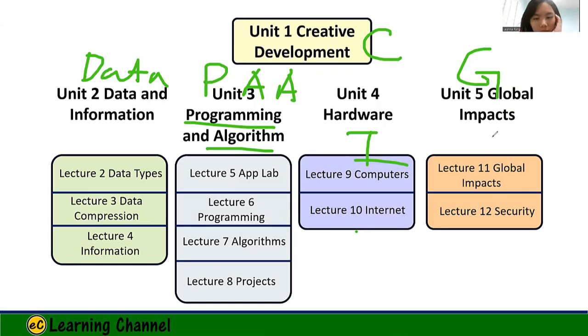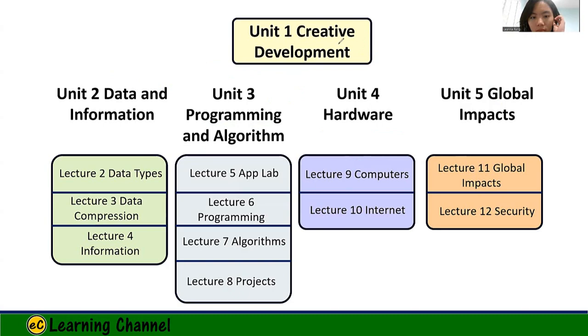So these are the different units and how the ideas are distributed. Unit 1 is on creative development, talking about how you create programs. Unit 2 talks about data and information. Unit 3 talks about programming and algorithms, how to do programming. Unit 4 talks about hardware, including computers and the internet.